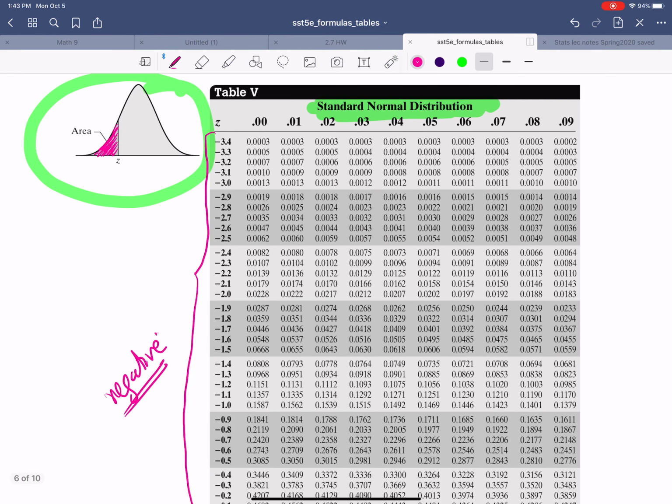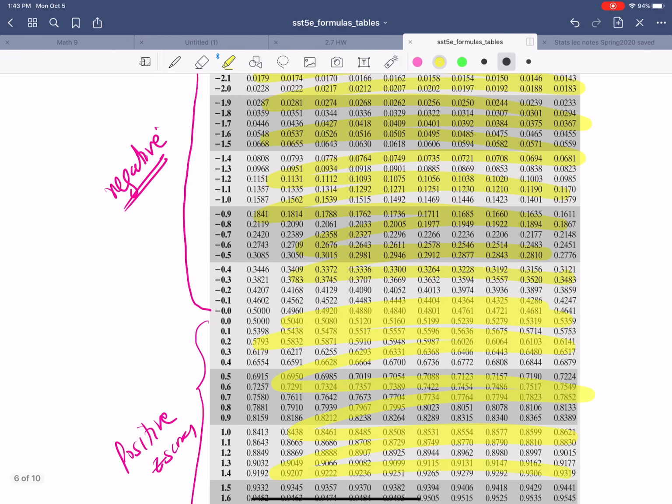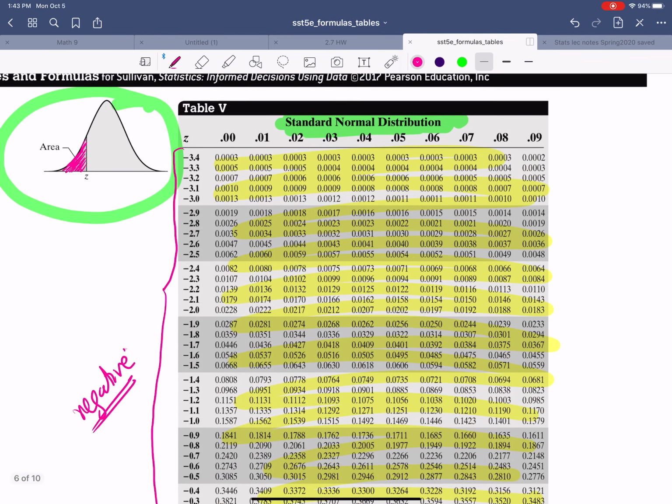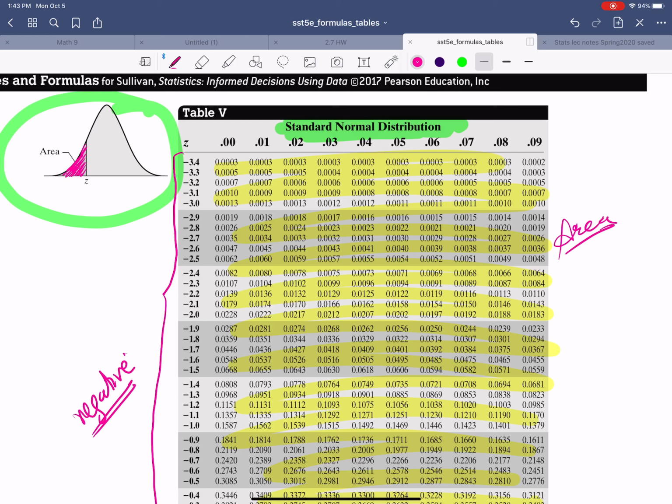In the middle, yellow highlighted are the areas. So in the body of the table, you have the areas given. And the top row and the very first column are your z-scores.